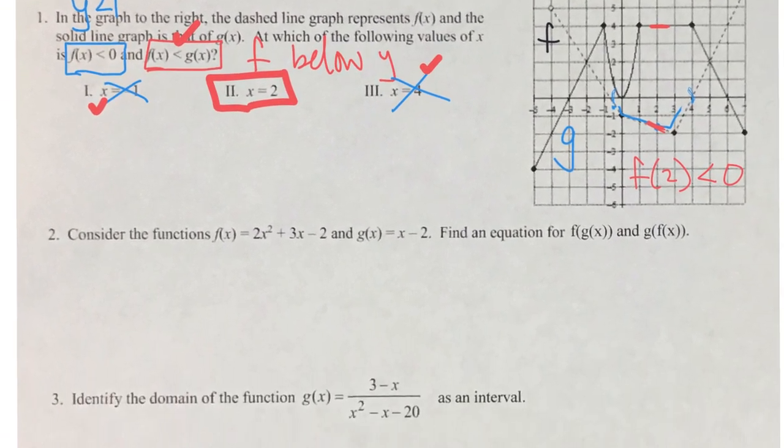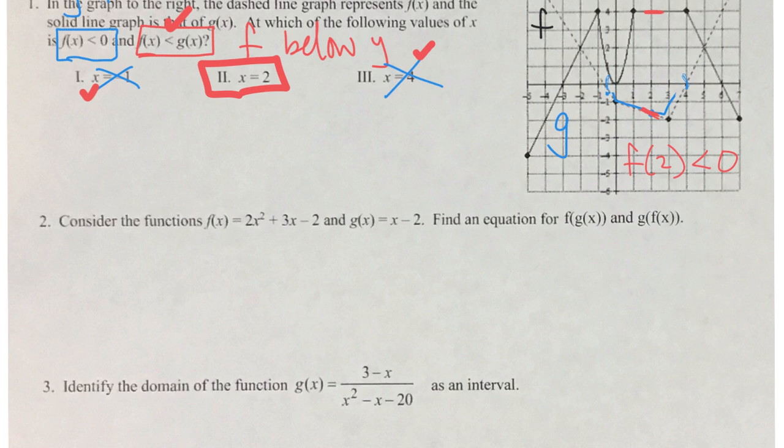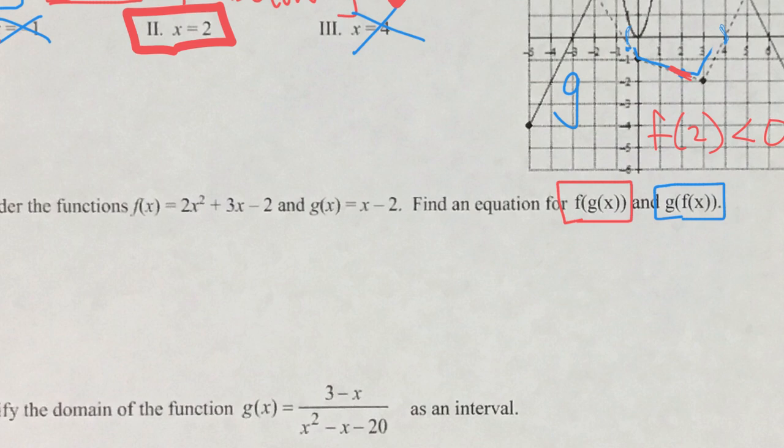And number 2 says we have two functions f and g. Write an equation for this composition, and then write an equation for the next composition. Okay? So the first one says take your g function, and put it into f.